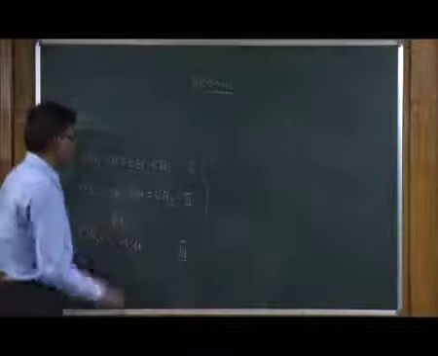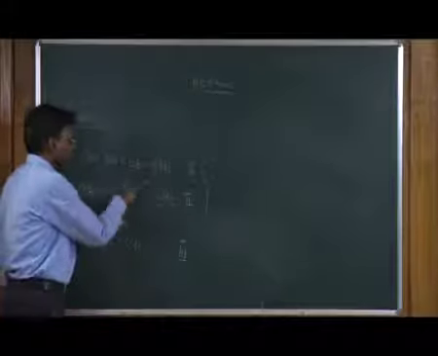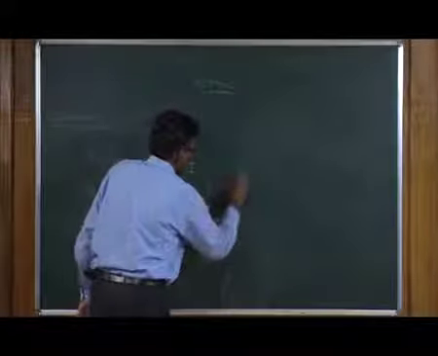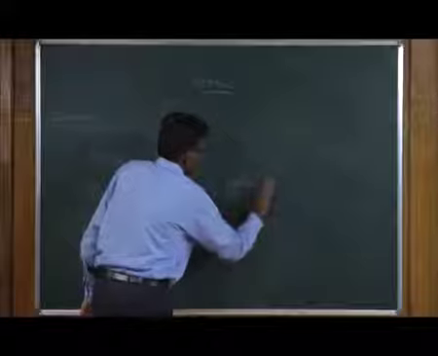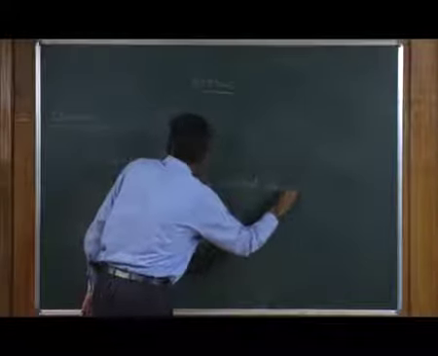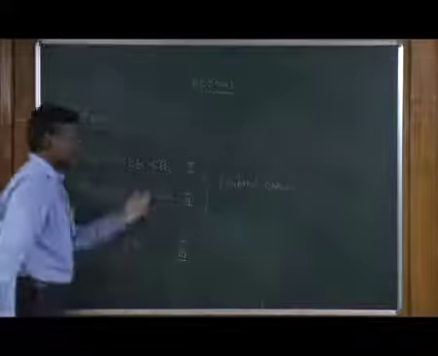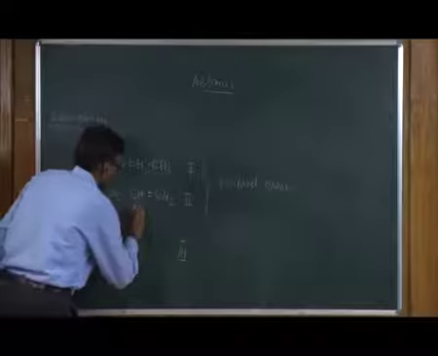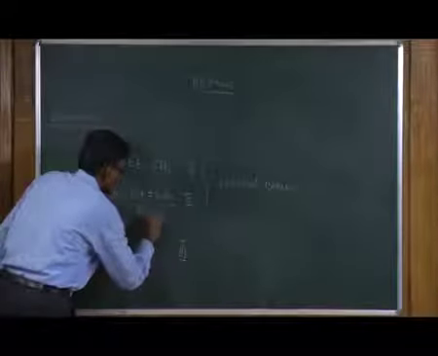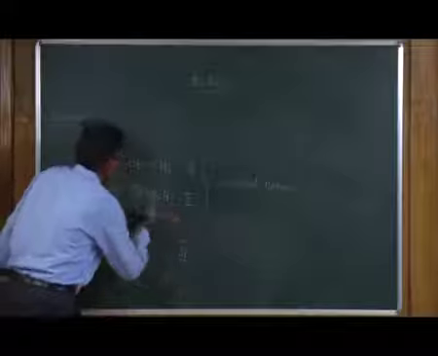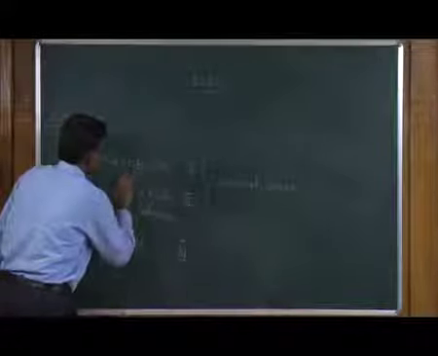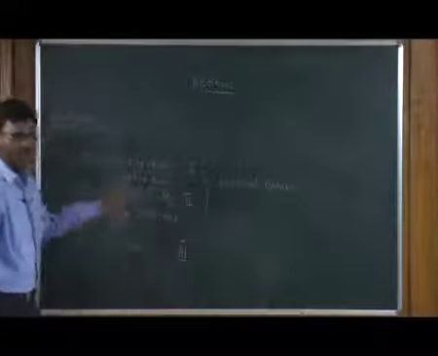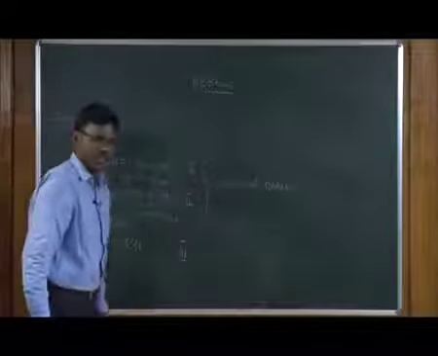If you look at these two, the position of the double bond is in a different place. This is 1-butene, and this is 2-butene. Therefore, these are called positional isomers. In 1-butene, the double bond is present on the first carbon atom. This is 2-butene. The position of the double bond is in different places, so we call them positional isomers.